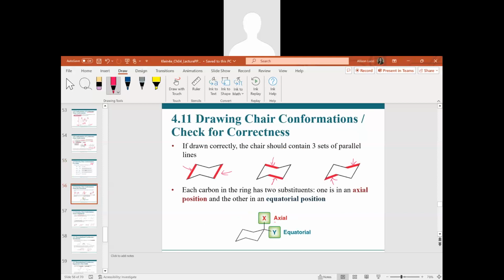An axial position is when you have a bond that is parallel to the axis, the central line that I drew there, the central axis of your chair conformation. And then an equatorial position is, in a similar manner to the equator, if you will, of your molecule. So equatorial positions will match up with this line that I drew horizontally, and then axial positions will match along that vertical line.